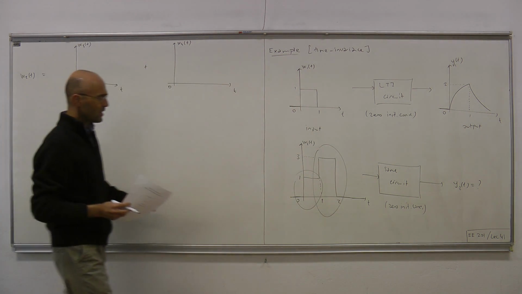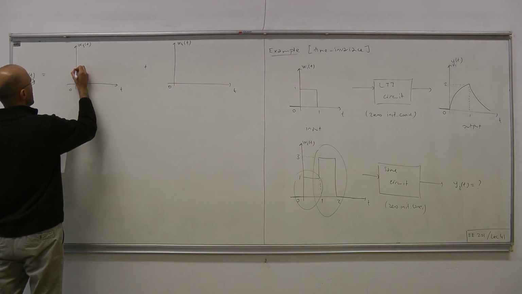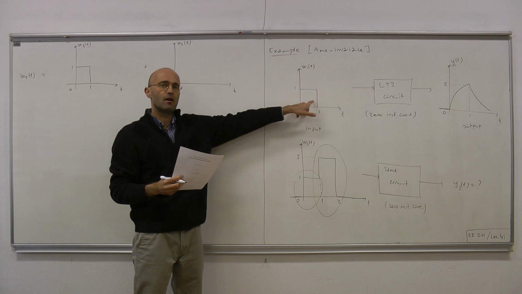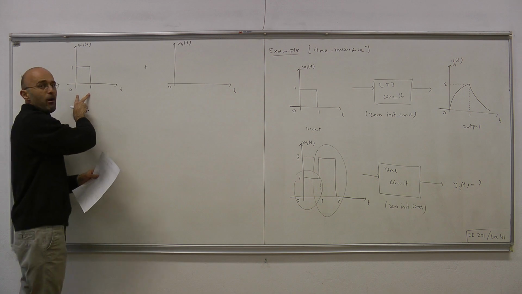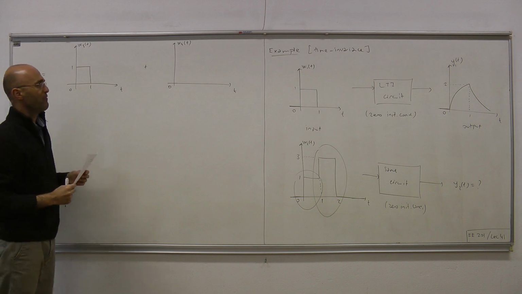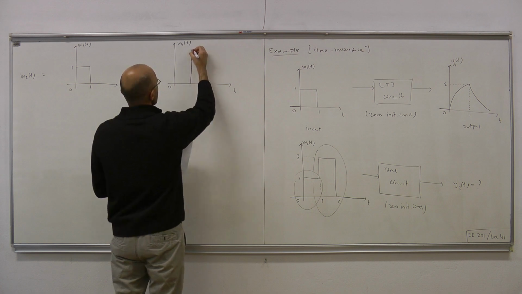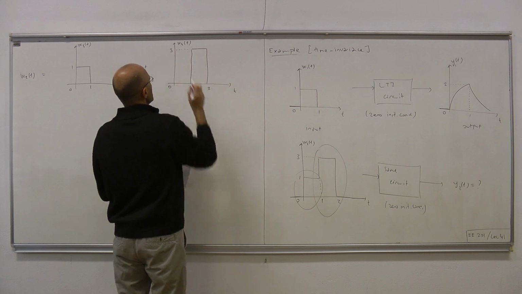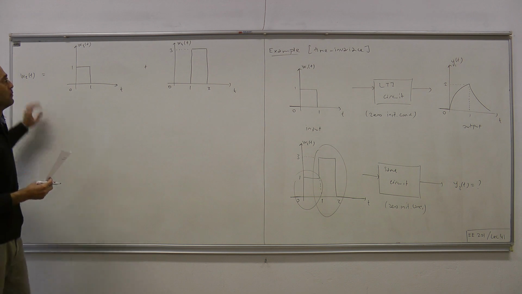So we write w2 as the sum of this piece plus that piece. For w3 of t, we have this, which is the same as w1 of t, and for w4 of t we have again a pulse, but it's shifted in time and also scaled by a factor of 3. So w4 of t is this, 1, 2, and the height is 3. That's how we can write w2 of t.